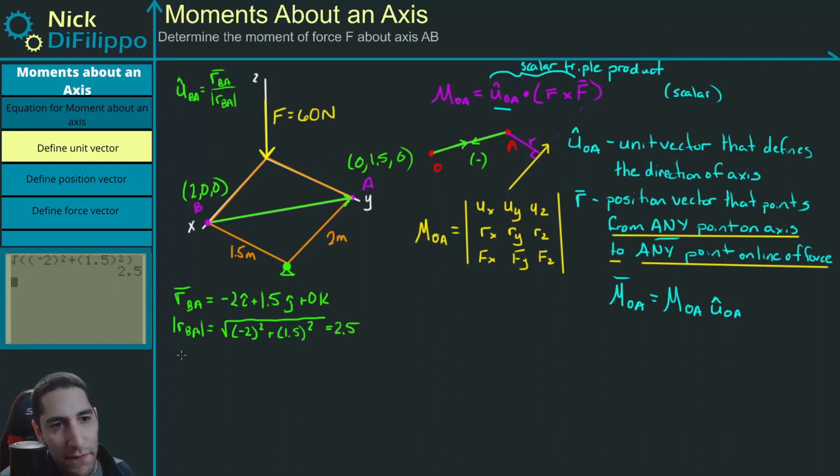That means my unit vector, BA, is going to be equal to minus 2 over 2.5I plus 1.5 over 2.5J plus, and we'll put the 0 in because we'll need the 0 term, plus 0 over 2.5K. And we can simplify this, right? What's minus 2 divided by 2.5?